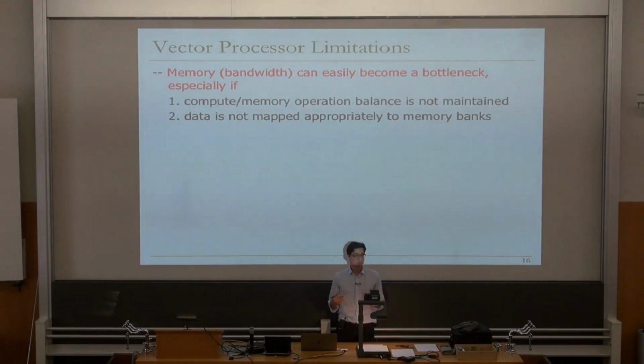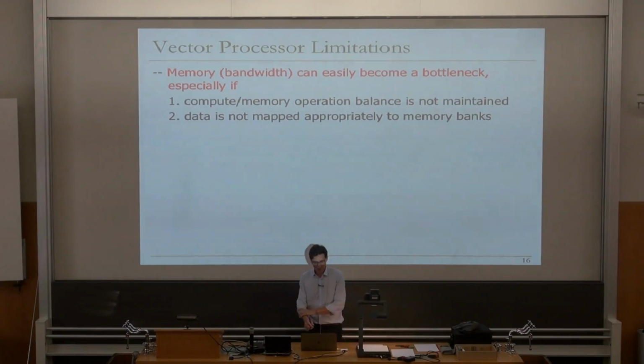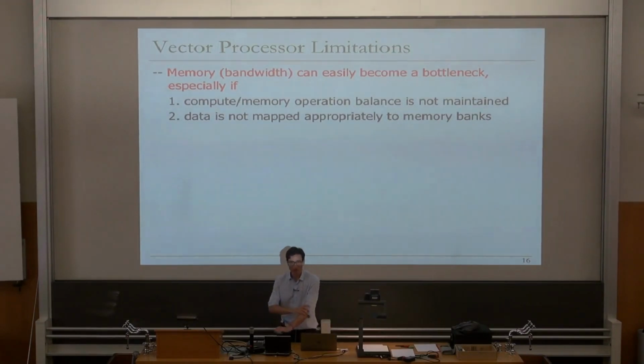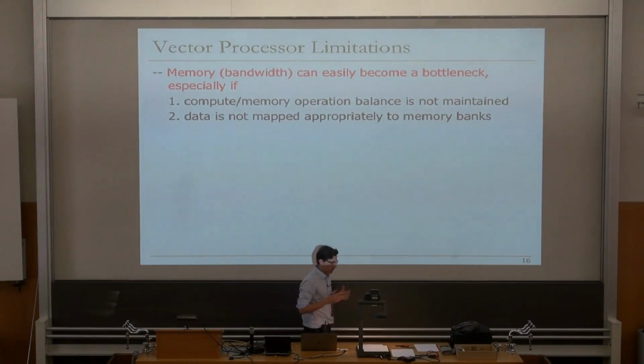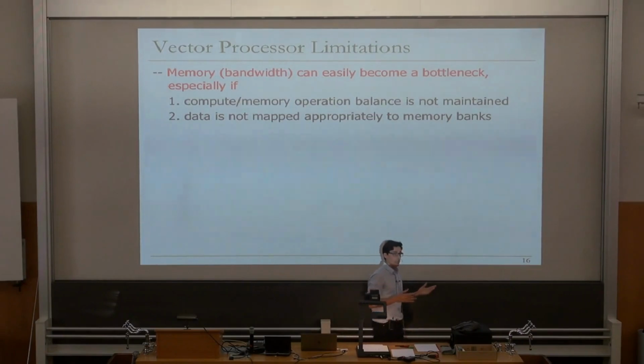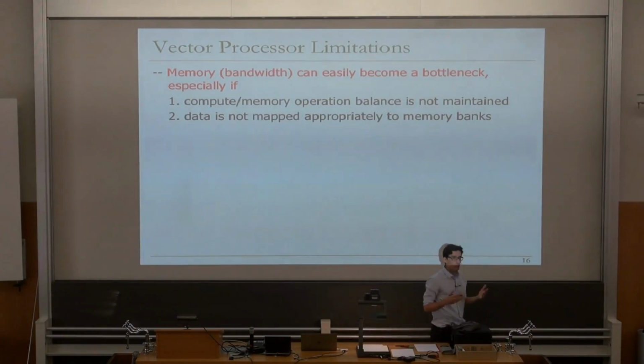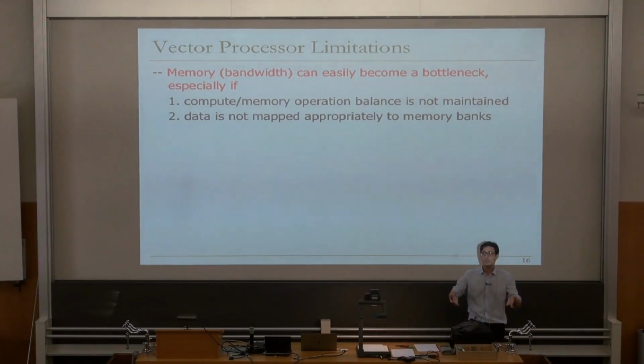We really need to have a memory that is able to give us all the bandwidth and all the amount of data that we need every cycle, right? And this is fine as long as we do enough operations on the data elements that we read from memory.